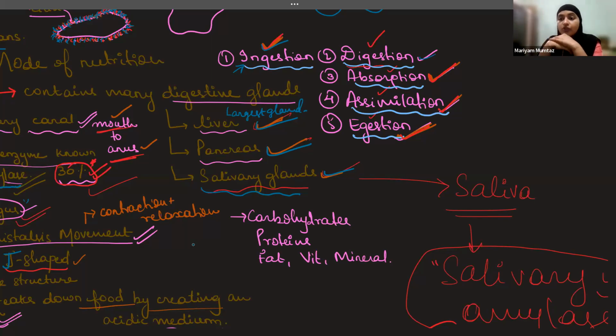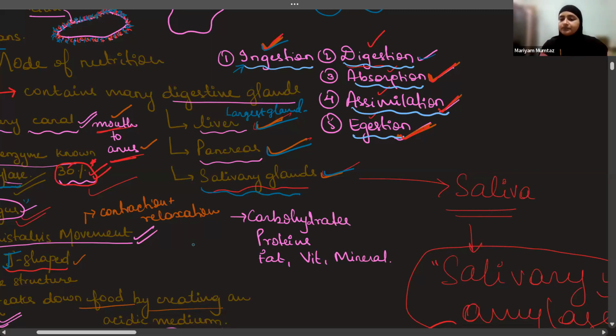So this distribution of energy to the different organs, cells and tissues is assimilation. And lastly, the food that is undigested gets defecated out of the body, by the process of egestion. So there are 5 processes that take place in the nutrition of us human beings. This much is clear?